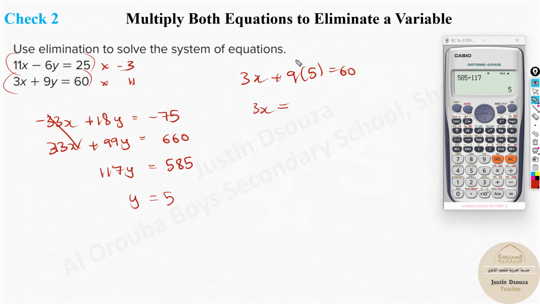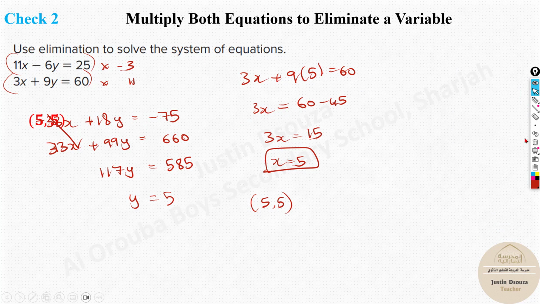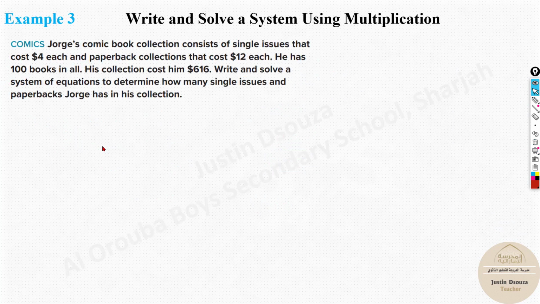I will take it to the other side. 9 times 5 is 45, but it'll be 60 minus 45 because I moved it to the other side of equal to. So it's 3x equals, over here we will have 15 remaining. x is equal to positive 5 as well. Both are 5 and 5. So the solution set must be 5, comma 5. So that will be the answer. It's 5 and 5, you can see over here.